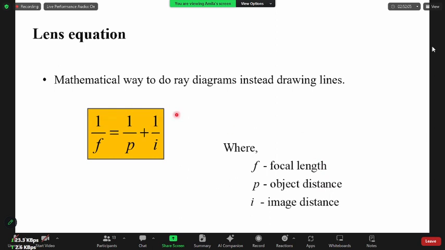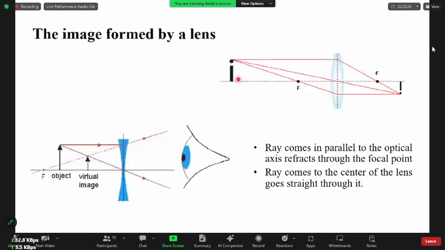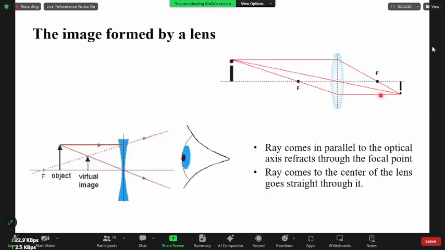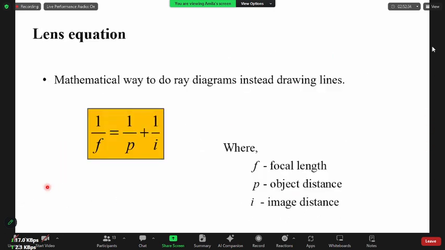And there's a mathematical way to do this ray diagram part. That is using the lens equation. We call this one the lens equation. F is the focal length, P is the object distance, which means here it is this one, and I is the image distance, like this.